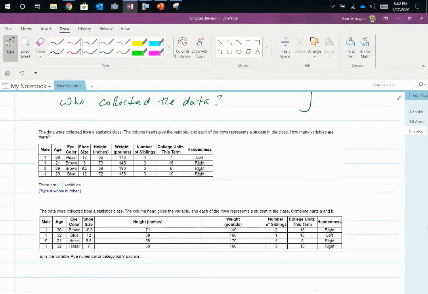So next we're going to look at a few of the homework problems. The question is asking, the data were collected from a statistics class. The columns give the variable and each row represents a student in the class. So columns are vertical and the rows, of course, are horizontal.